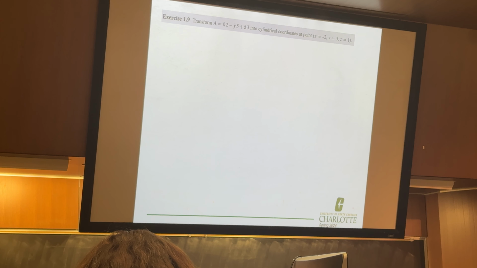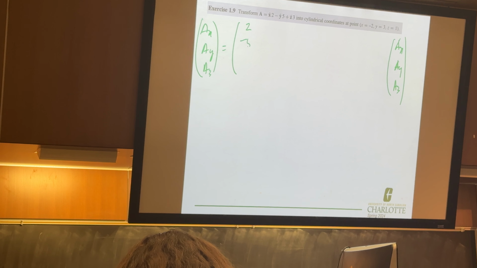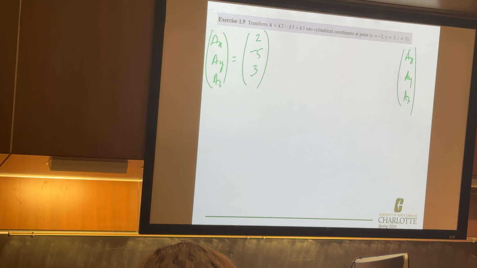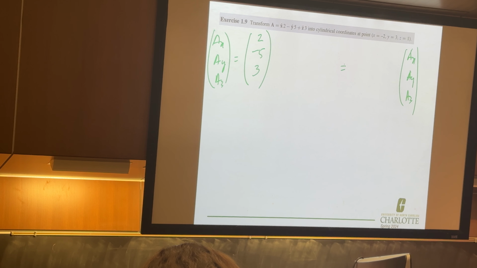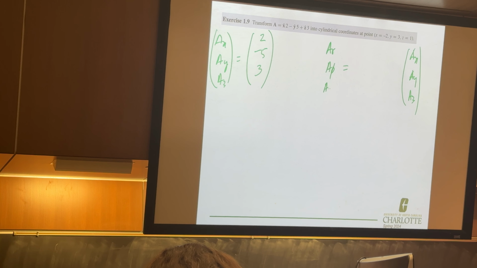So what we're doing here is the opposite of the previous problem. We have the vector in the x, y, z coordinates, Ax, Ay, Az, on the top left, being 2, minus 5, 3. So this vector is what we've been given, and what we need is Ar, Aphi, and Az.